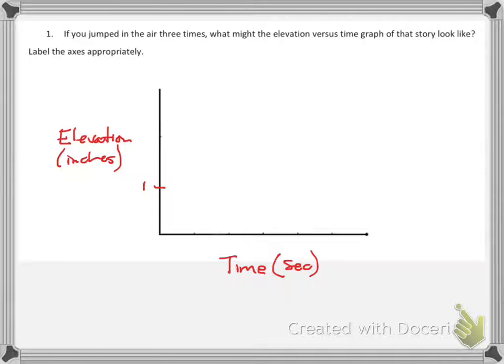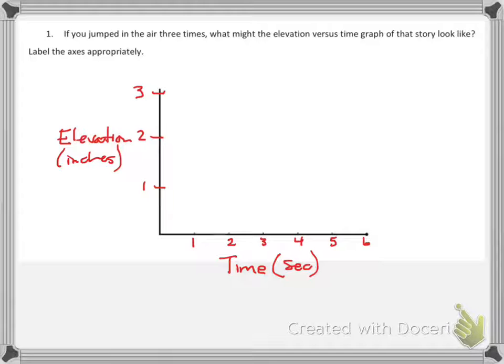1, 2, maybe 3 here. So that'll be my max height. And then just a period of seconds. So 1, 2, 3, 4, 5, 6 seconds, maybe something like that.